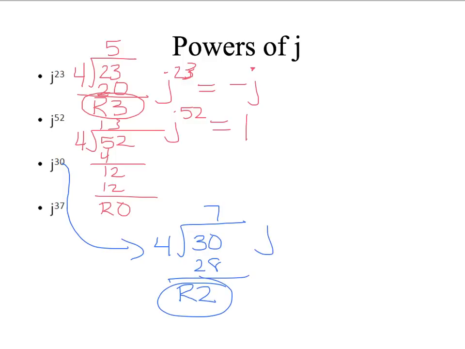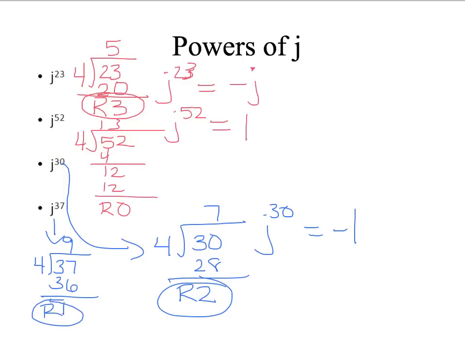So j to the 30th will simplify to the same thing as j squared, which is negative 1. And then j to the 37th power, if we divide 4 into 37, we get a remainder of 1, which means j to the 37th power simplifies to the same thing as j to the first power, which is just j.